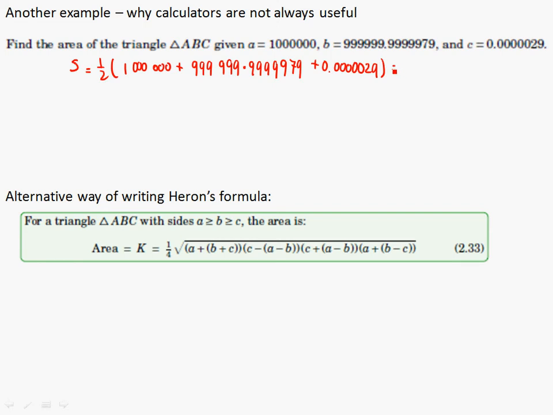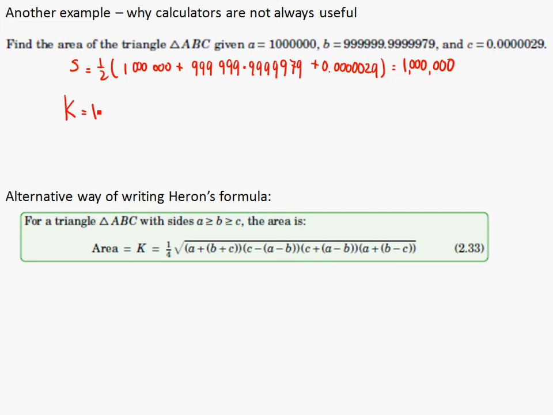I got 100,000. 100,000 or 1 million? Anybody else do it? If you did, that's what you get. You get 1 million, okay? So then what happens? You fill this in and what do you get?